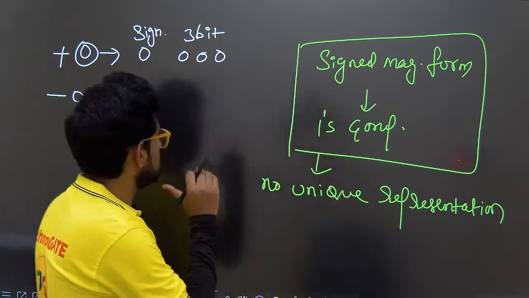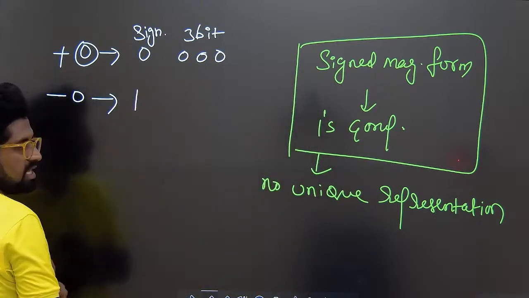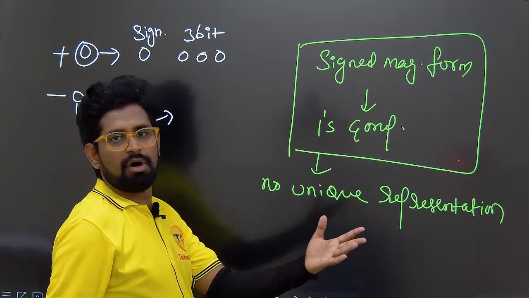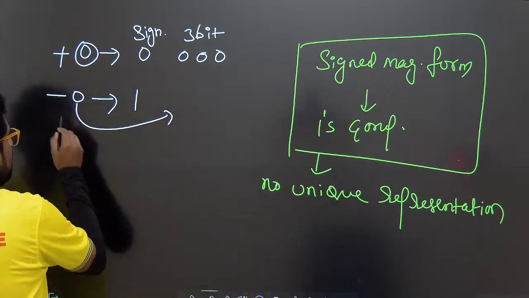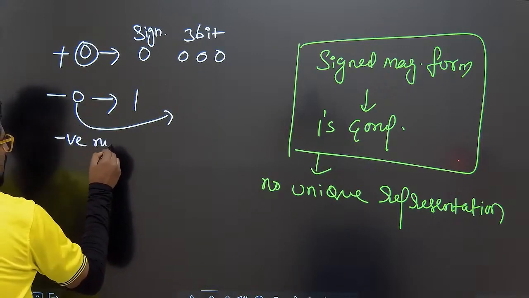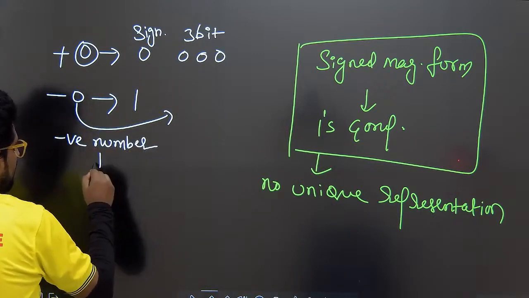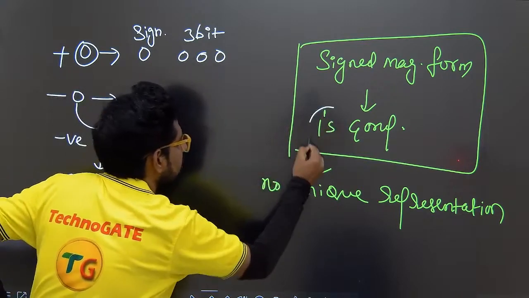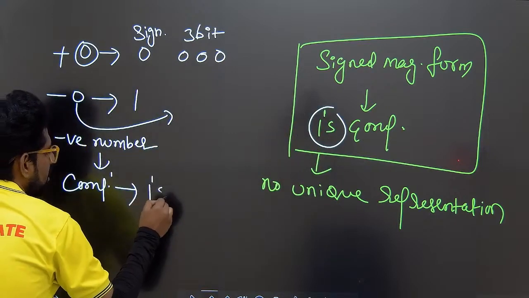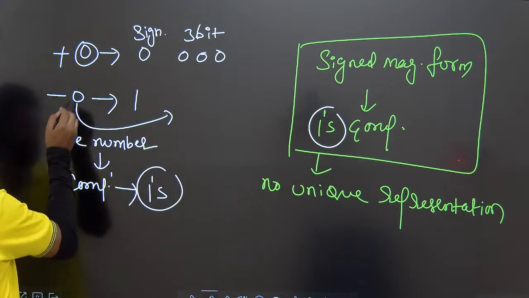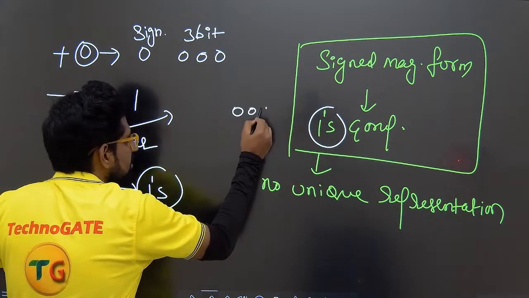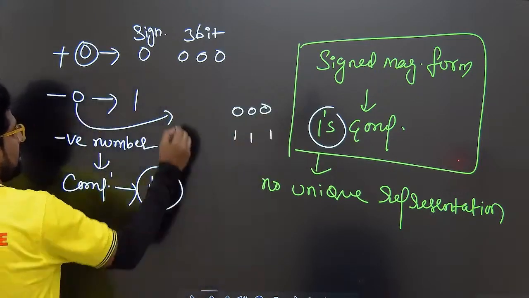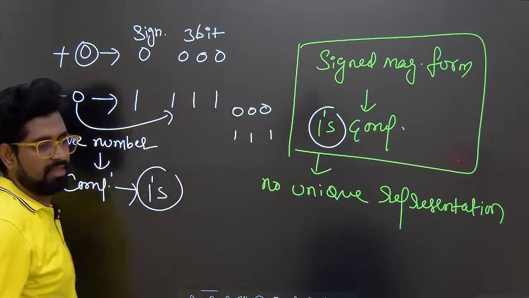Minus means sign 1. 0 in 3-bit form is 0 0 0, but as it is a negative number, we need to perform complement. Here the complement we are studying is 1's, so we perform 1's complement. 0 is written as 0 0 0. Its 1's complement is 1 1 1. Hence the answer is 1 1 1.